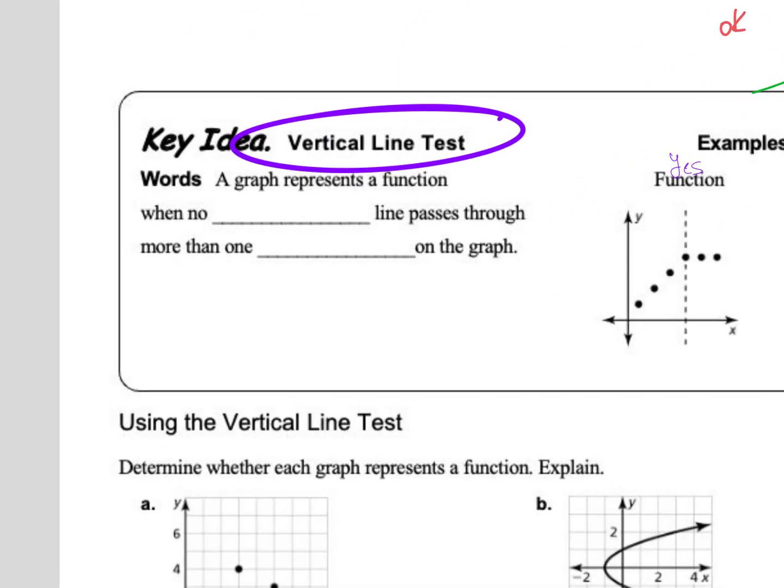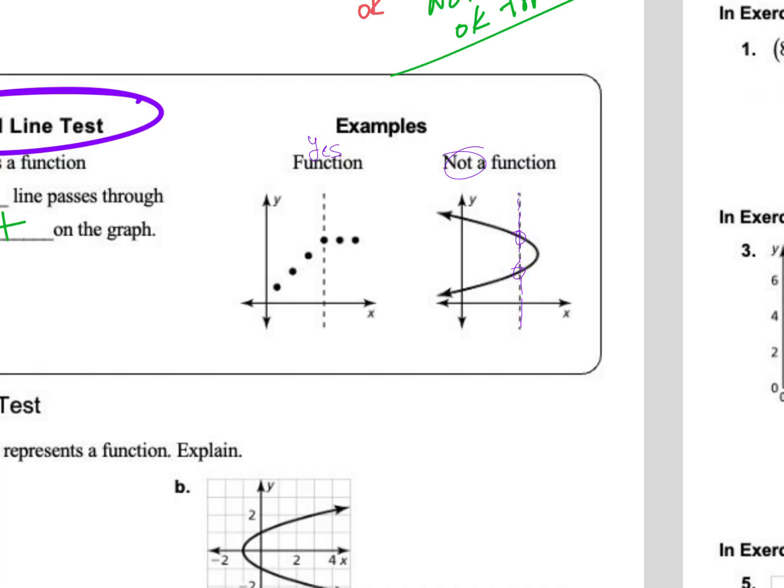Okay, so yes, there's a vertical line. A graph represents a function when no vertical line passes through more than one point on the graph. As I kind of explained right here already, there's a vertical line going through, it only hits one point. And then really what I did was I said, here are vertical lines going through each point. Notice there was no repeating on any of them, so we were good.